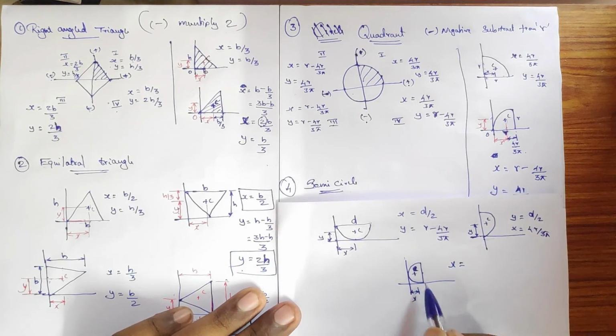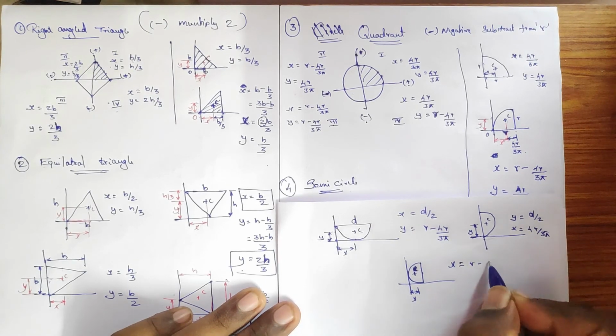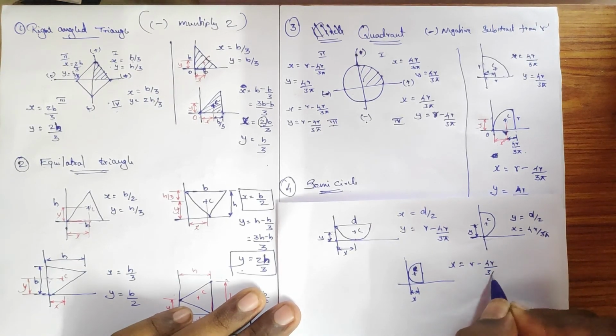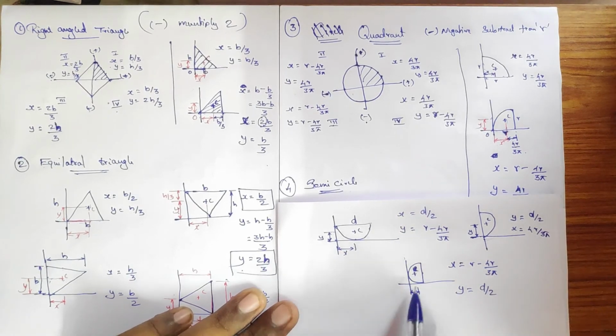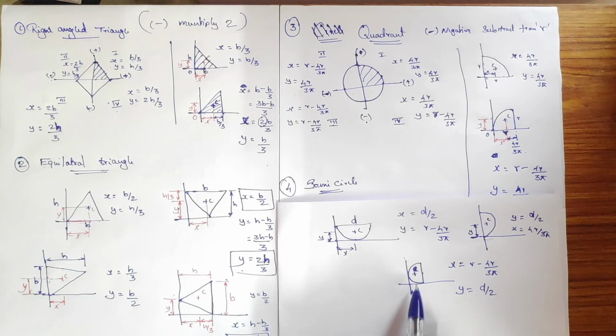So I can do, the entire length is r, so r minus 4r by 3 pi. Here y is equal to, the entire diameter is there, right? So d by 2. Whenever you have the diameter, d by 2, and whenever you have the radius, there will be 4r by 3 pi. But if the orientation is different, then in some cases it will be r minus 4r by 3 pi, in some cases 4r by 3 pi.